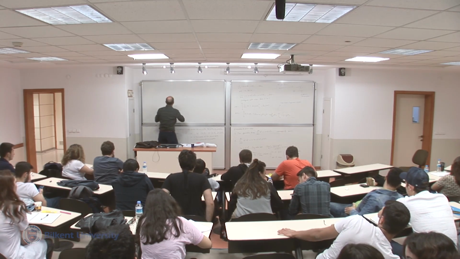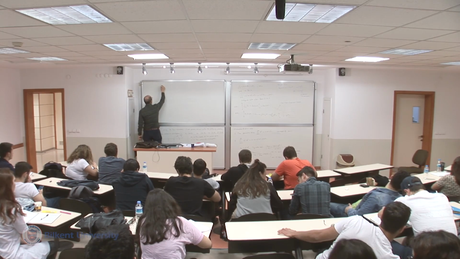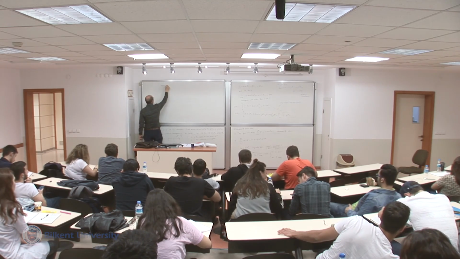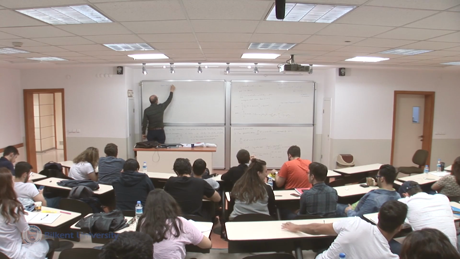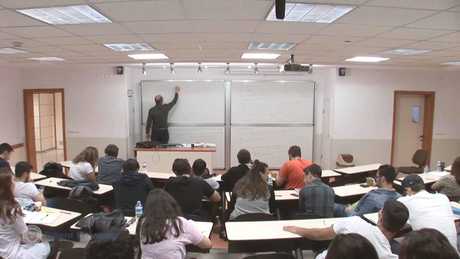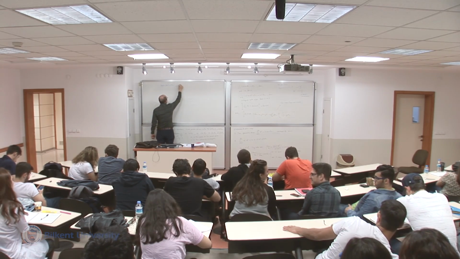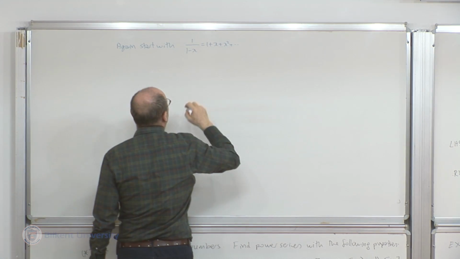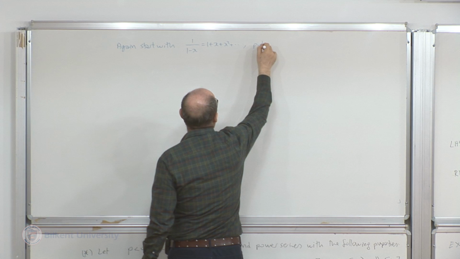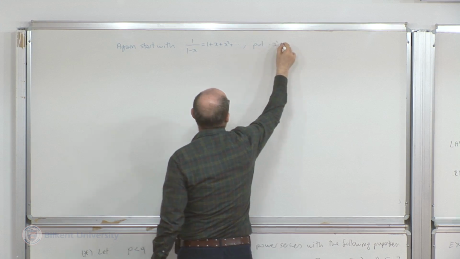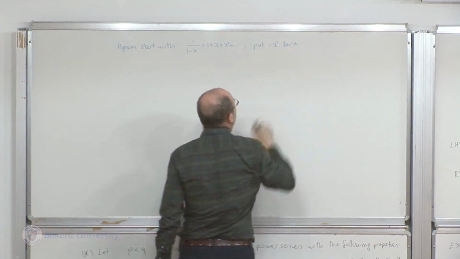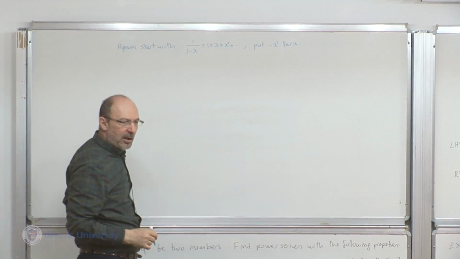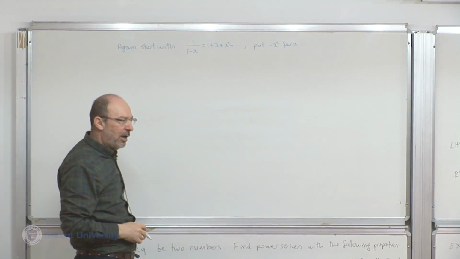So again we start with the geometric series 1/(1 - x) = 1 + x + x^2 + etc. Put -x^2 for x. As long as the absolute value is less than 1, we can do it, the same story.